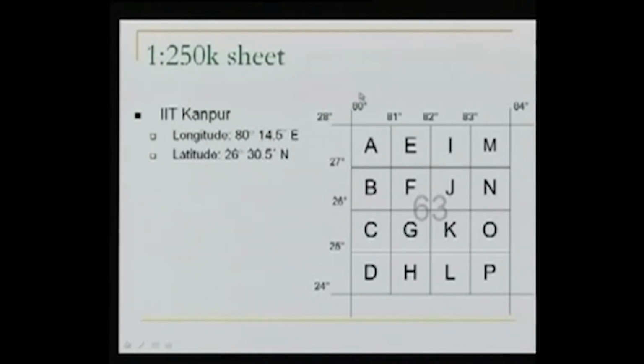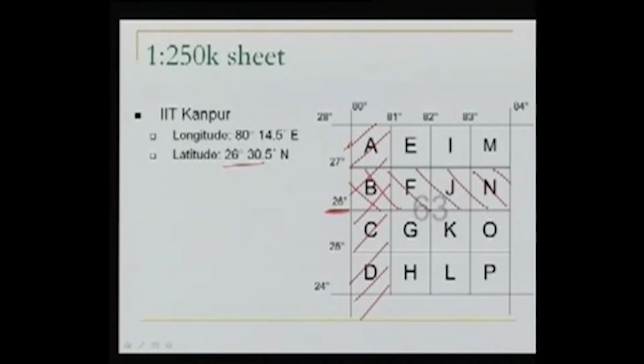So if you see over here, 80, 14, let me shade it again. 80, 14 means it should be somewhere between these two longitudes. 26, 30, because this is 26 here, 26 degree and 30 minutes, should be in between these two latitudes.